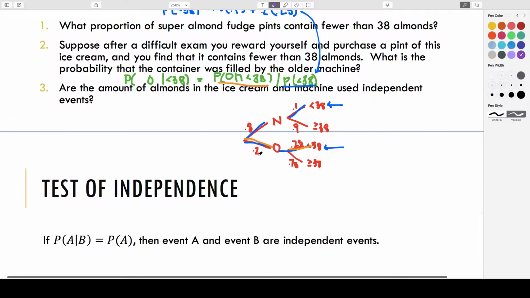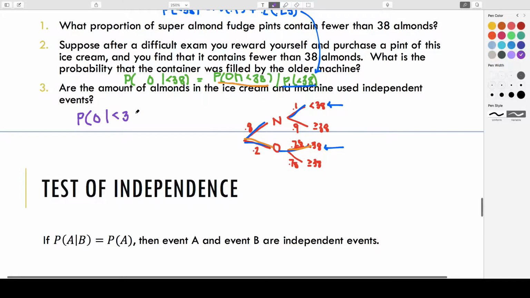So we use our test of independence, which is the probability of A given B is equal to the probability of A. The reason is that if these are independent events, it shouldn't matter that B occurred. The probability of A should be the same if they're independent. That's why this formula works. So how do I do that for this problem? I'm not going to do extra work. Why don't I use the answer I found in problem 2?